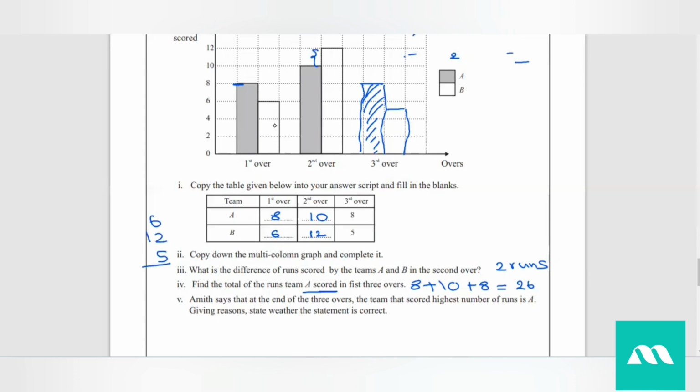Then 23. That means Amit's answer is correct, no? The highest number of runs was obtained by team A, because it is 26. You can write 26 is more than 23. That means Amit's statement is correct.